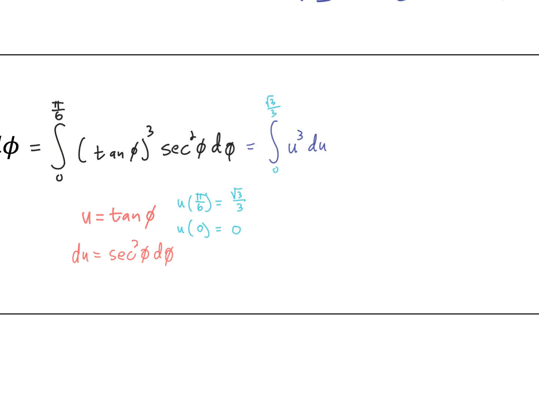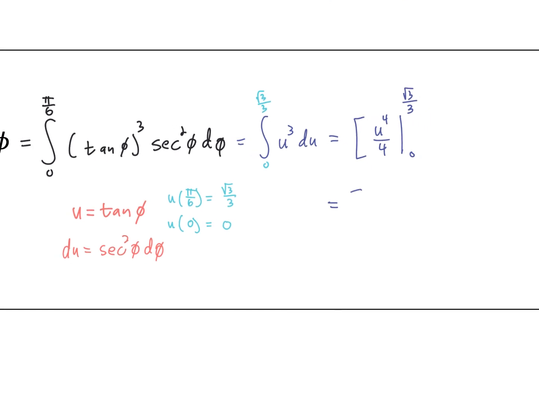Okay, so now we'll take the antiderivative. So do u to the 4th over 4, evaluated at root 3 over 3 and 0. Okay, so now just plug in the top limit. Okay, I'm going to write this as 1/4 just because it makes it easier.